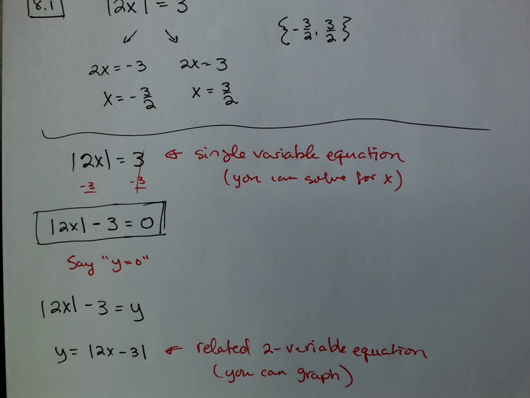So what do you think would happen if I wrote y equals the absolute value of x, and then let's do plus 2? Up or down, right? So minus 3 dropped it, and plus 2 raised it.